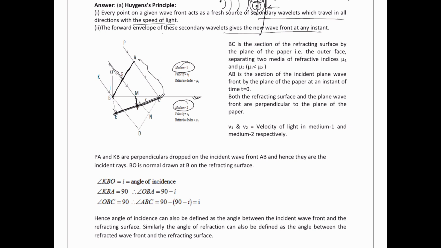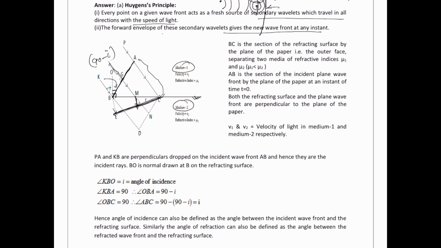Then as per the definition of Huygens, suppose the angle between the incident wavefront and the refracting surface is I, this is 90 degrees. If it is 90, then this is 90 minus I, and this is also 90 degrees. I am defining the angle of incidence in terms of the wavefront.